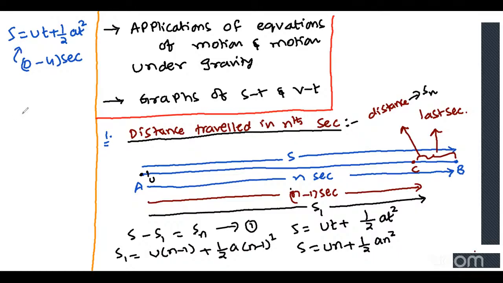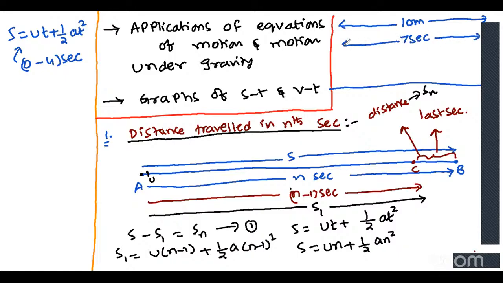Suppose a particle travels a distance of 10 meters and takes a time of 7 seconds. Now I want to find the distance traveled at the 3rd second, or 4th second, or 6th second. Then we'll use the formula Sn equal to u plus a by 2 into 2n minus 1.